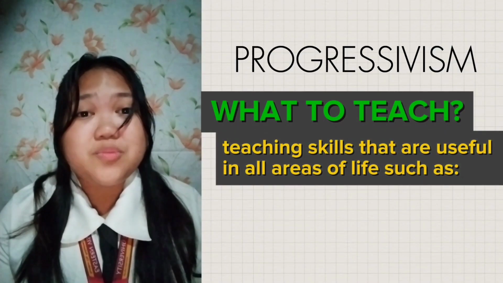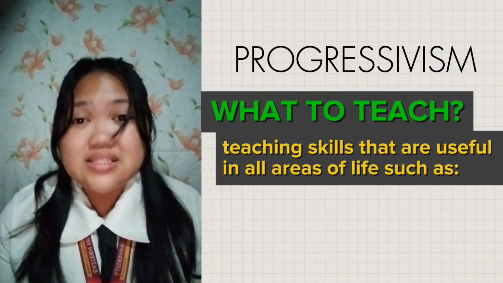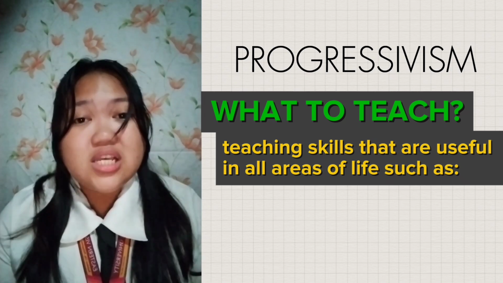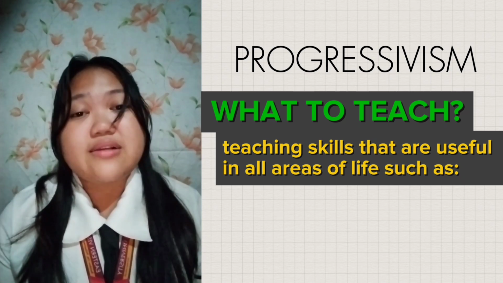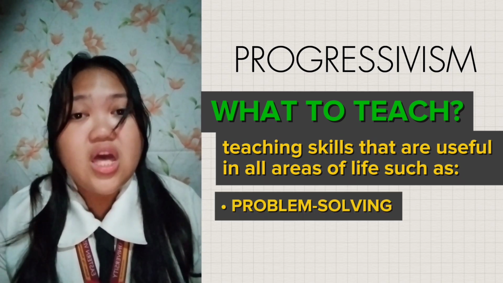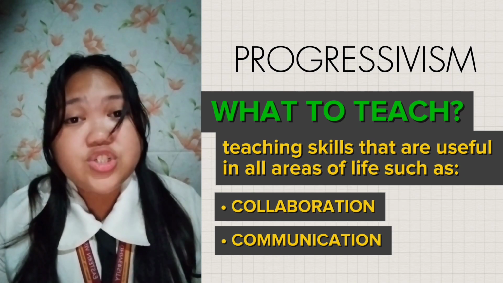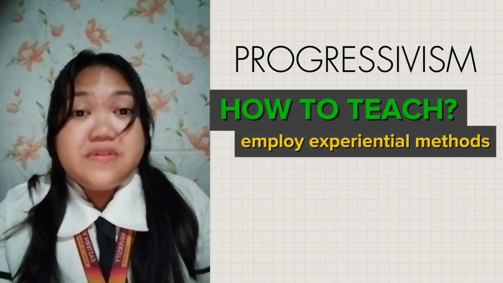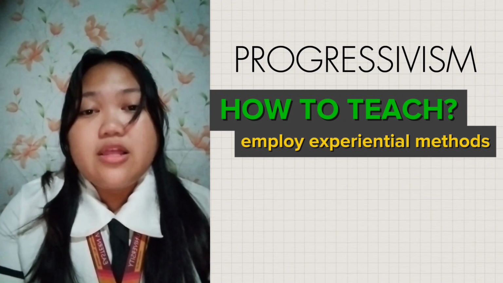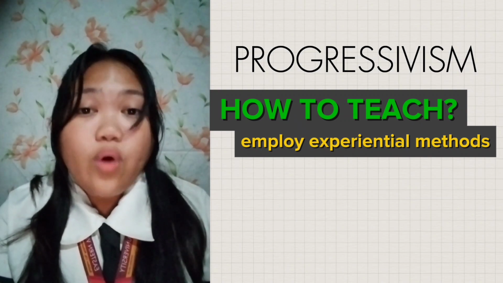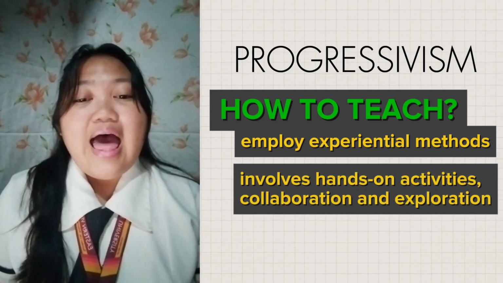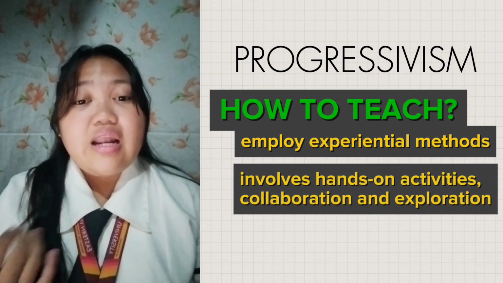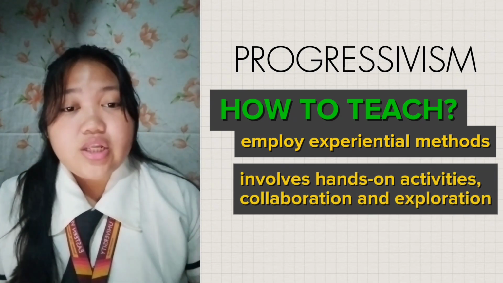Progressivism doesn't focus on a specific set of subjects. Instead, it emphasizes teaching skills that are useful in all areas of life, such as problem-solving, communication, collaboration, creativity, and critical thinking. Progressivist teachers employ experiential methods. They believe that one learns by doing, which involves hands-on activities, collaboration, and exploration.